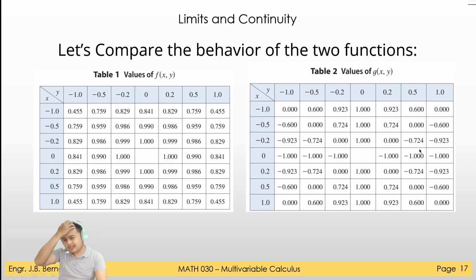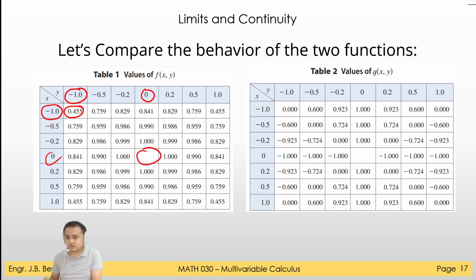So if you tabulate this trial and error, basically if we substitute, let's say, x is equal to -1, y is equal to -1, we can map the value of the function, which is 0.455 for the first function. And for 0, we do not have a defined solution, and so on.